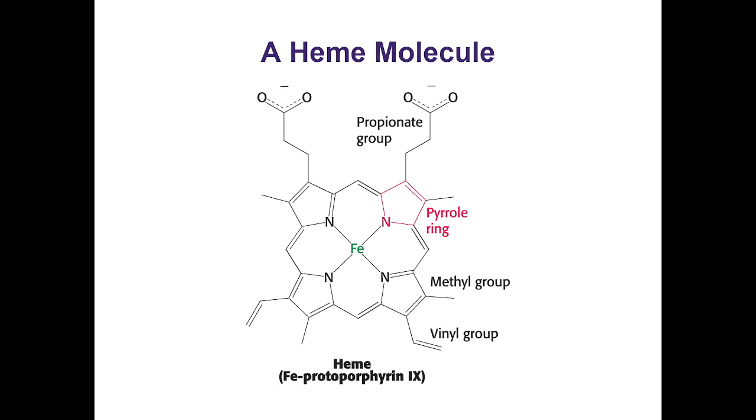Remember, this has 3 dimensions to it, okay? And what's going to happen is when you bind it with an oxygen, the iron is going to move up into the ring. When it's not bound to the oxygen, it's going to move down below the ring, okay? This is going to reduce iron's ability to bind oxygen, meaning that the oxygen can be released easier, right?